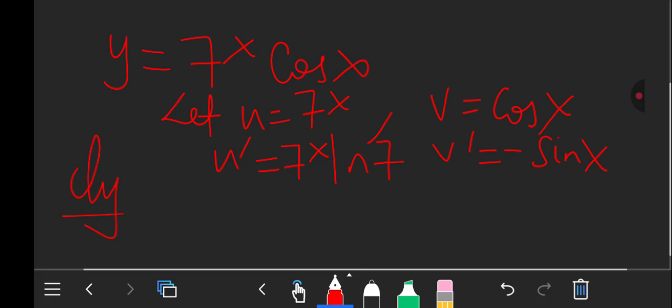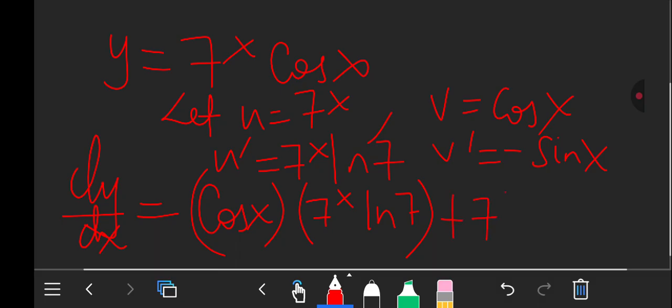The formula is v u prime plus u v prime: cos x, then u prime, which is 7 to the power x ln 7, plus u, which is 7 to the power x, then v prime, which is negative sin x.